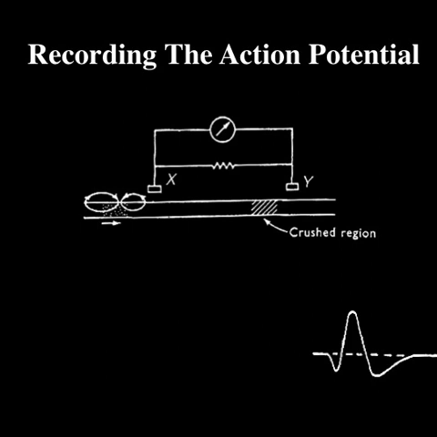And in that situation, we're starting to record the vectors from this circular activity in the cell membrane as the action potential moves along the axon. So even with a crushed region, because of those changes in the direction of the far field, we see a much more complicated action potential.